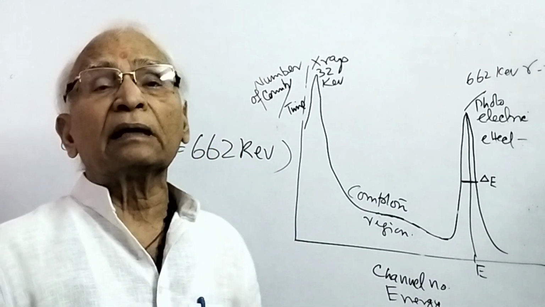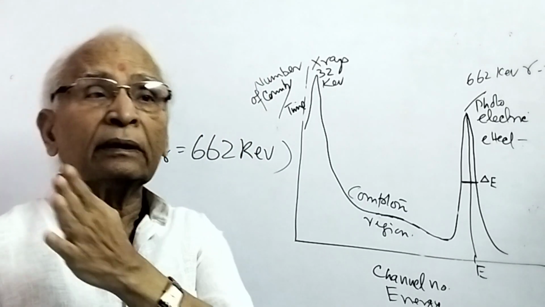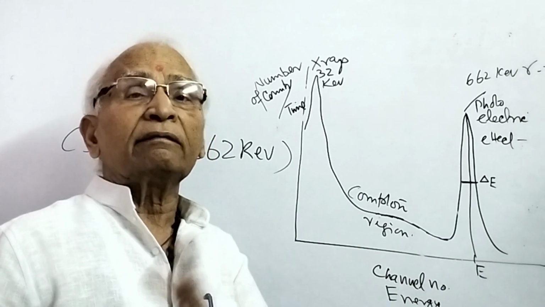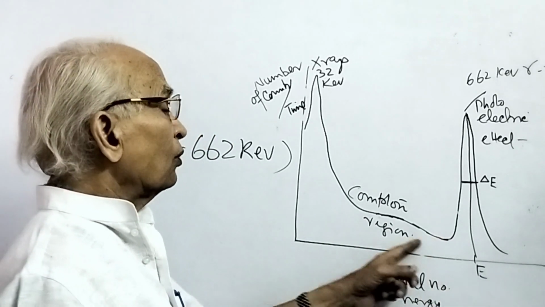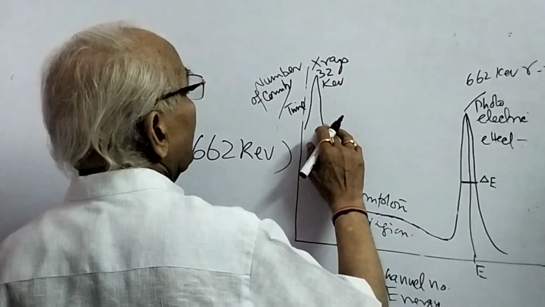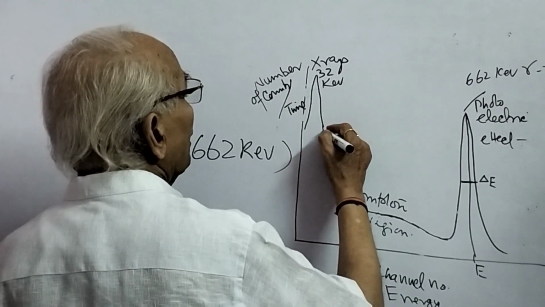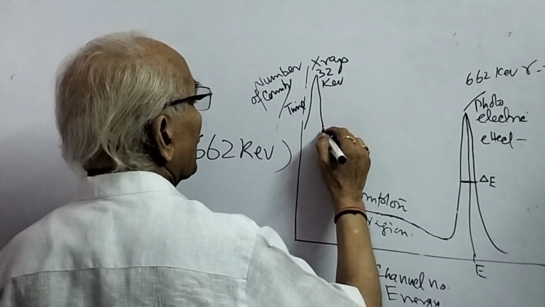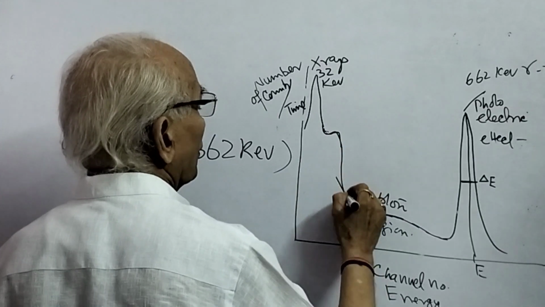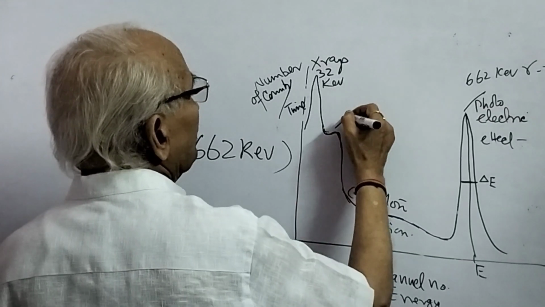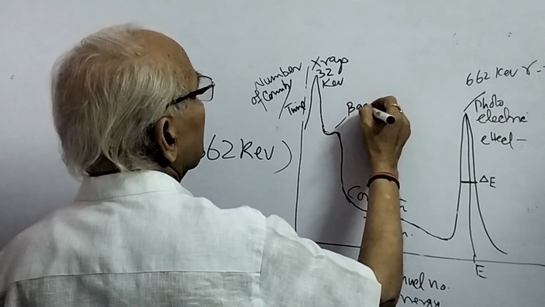Compton scattering doesn't give a peak of one height because it has variation due to scattering at various angles theta and phi. So we get this whole region, called the Compton region. Sometimes we get a small bump here, which is called backscattering.